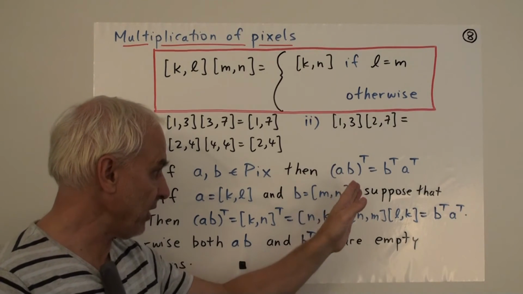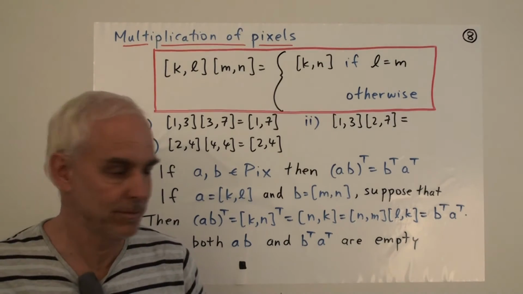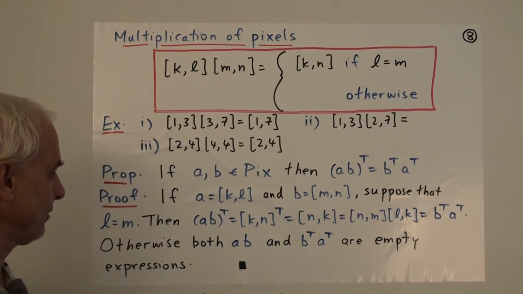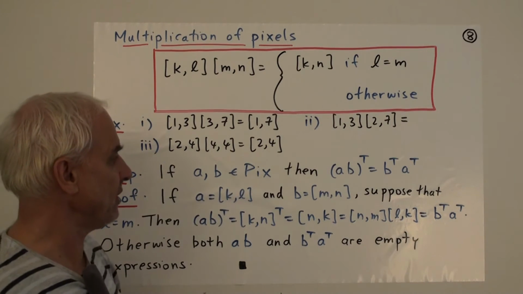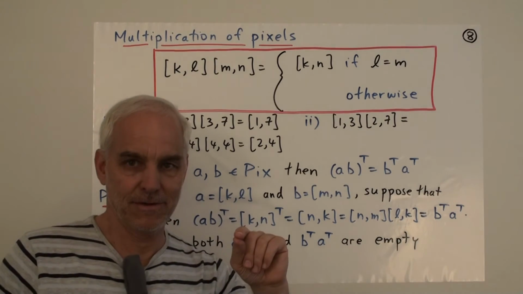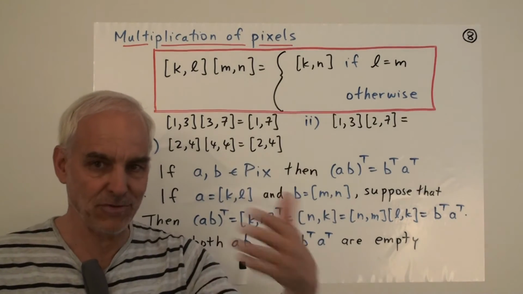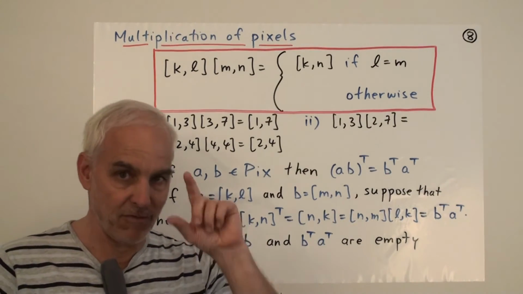So the left-hand side is empty, and the right-hand side is empty, so, okay, it's still equal. So this is going to be a pleasant and important thing. But notice that it's at the level of pixels. Of course, this is familiar to you in the matrix form, but what we're doing here is identifying that this is actually happening at the level of pixels.